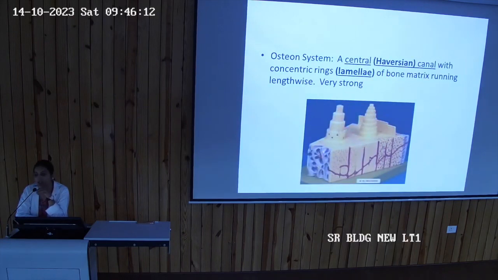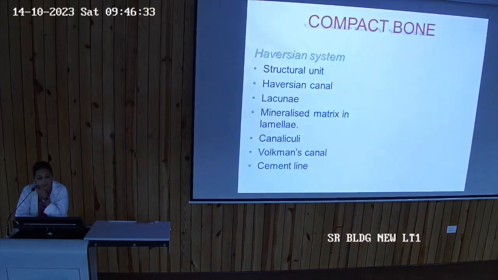This Haversian system is also known as the osteon system. Osteon is the structural and functional unit of a compact bone. The Haversian canal along with concentric rings of the laminae arranged around it constitutes one osteon. Okay? So what is an osteon? It's a structural and functional unit of compact bone.